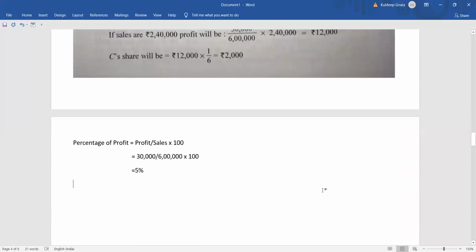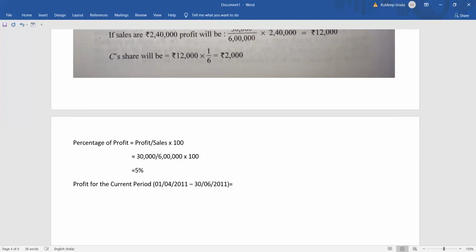Okay. So what will be the profit for the current year? The percentage of profit we have got. So profit for the current period will be, what is the current period? The current period is 1/4/2011 till 30th June 2011.